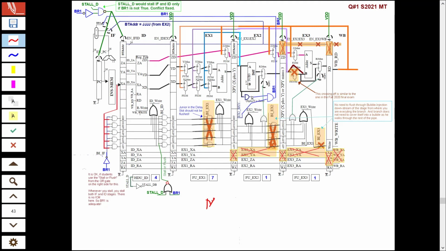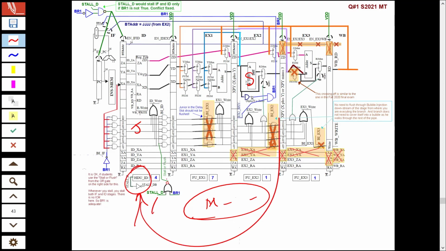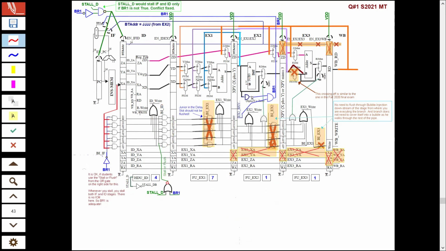I'm talking like in a court martial case. This senior is telling this junior who is trying to stall, hey, you defy my authority, I will court martial you. Only if I say it's not a case of successful branch, then you can cause stalling and injecting a bubble. So that's the meaning of this. Same thing, if BR1 is not true, then you are allowed to do what you would normally do. So that's the logic there.